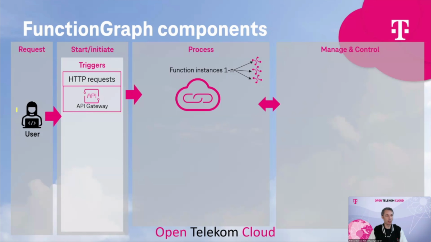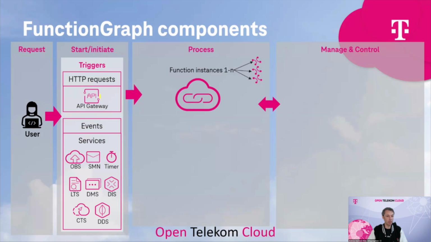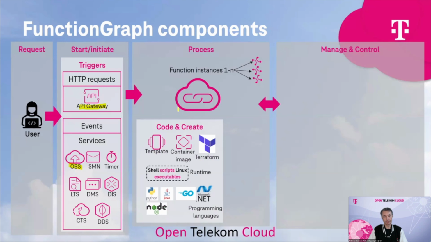Now, the user or an HTTPS request triggers, via API gateway, the creation of a function, or it could be created, as we have seen. We had two triggers in the demos, with object storage and with the API gateway. There are also other platform services from Open Telecom Cloud which allow you to trigger a function.